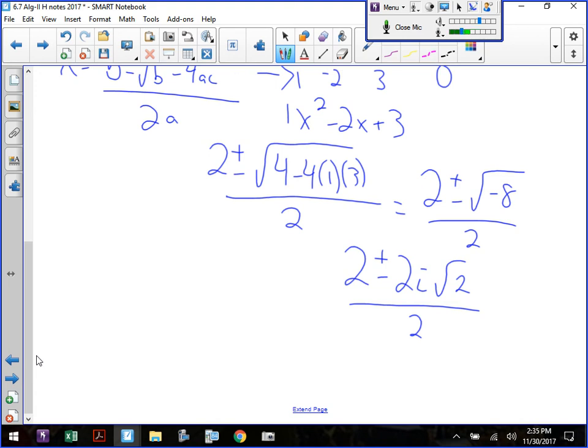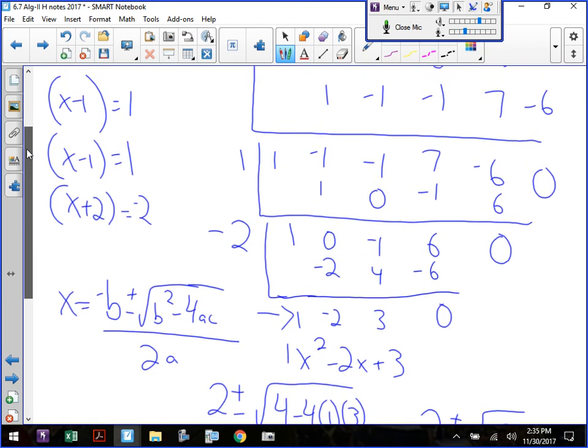What can you do when they're all 2's? In this case, since all parts are even, that's technically factoring out a GCF of 2. Okay? So you wind up with this equaling 1 plus or minus i root 2. Those are your other 2 possible zeros.